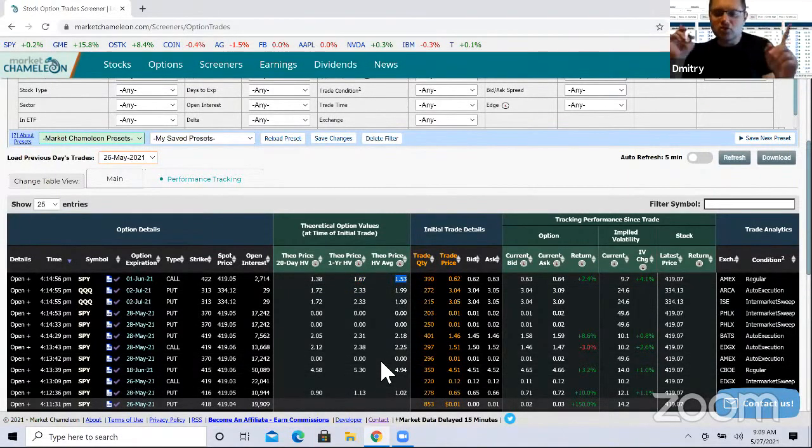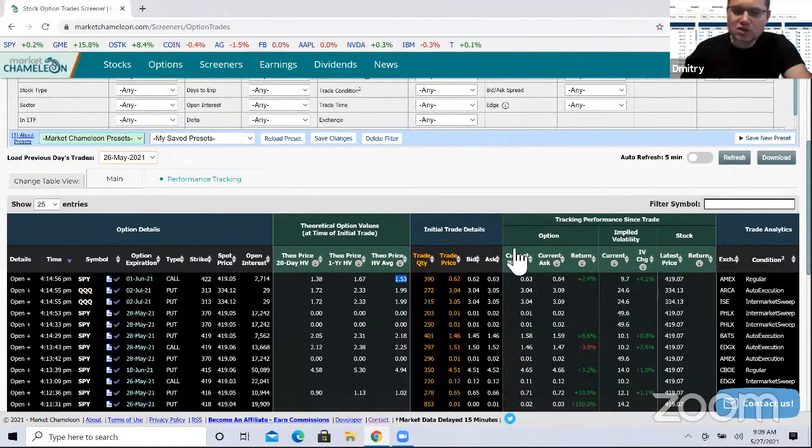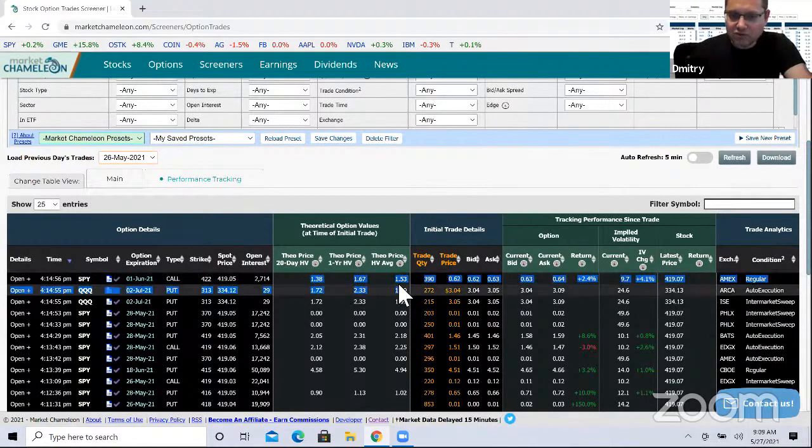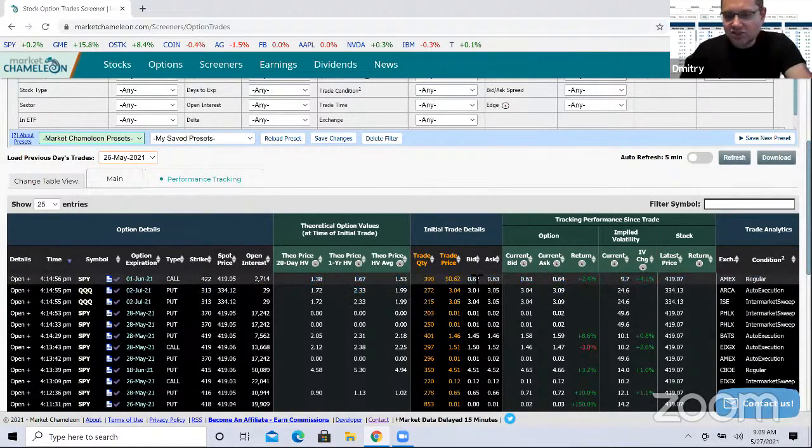So it gives you a perspective of where this option traded. If we plugged in the Black-Scholes model and used historical realized volatility in the stock, where would the theoretical value of this option be? So this way we could, as a reference, compare it if we wanted to go back to that. This is the trade.